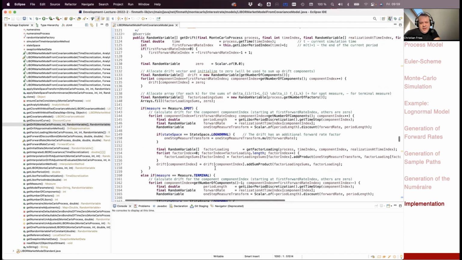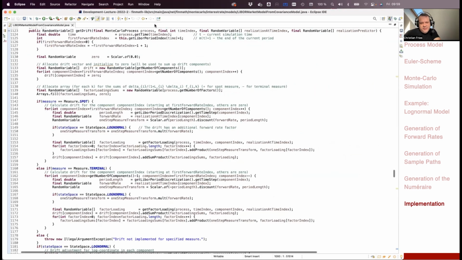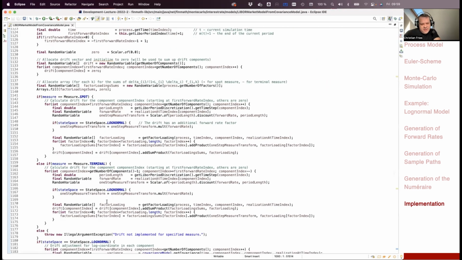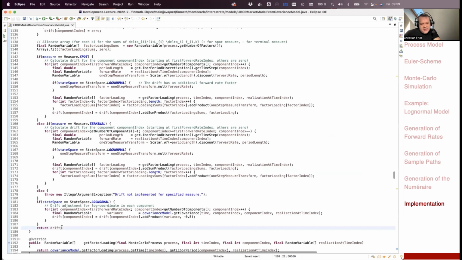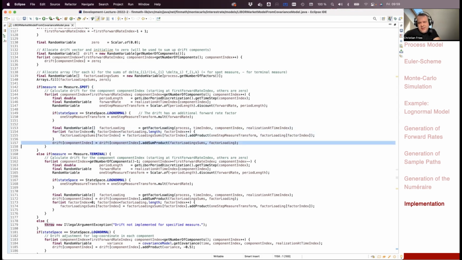Okay, so our implementation of the drift was not so lengthy. It started there. Okay, and this is the last line where we return it, and we distinguished the spot measure and the terminal measure. So it was a sum. So you see the drift is here creating a sum.